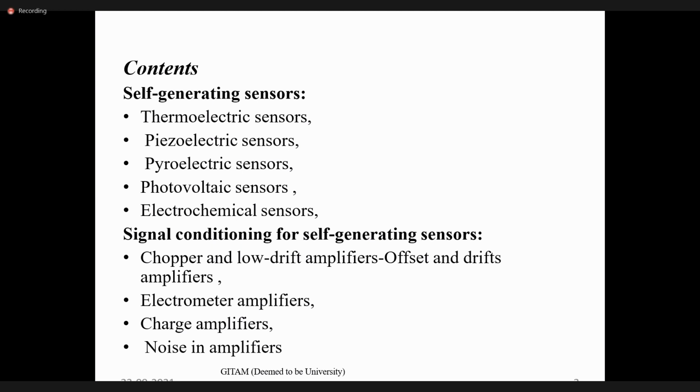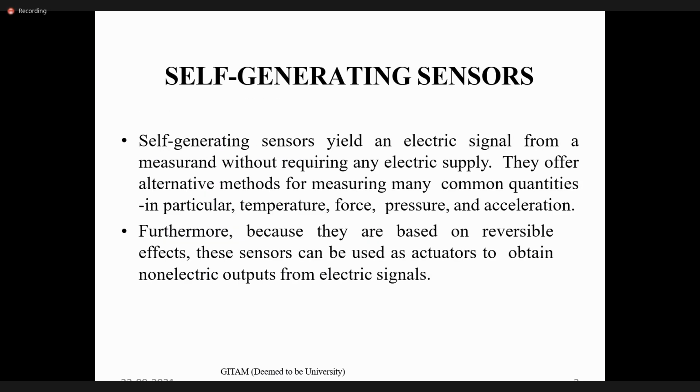And electrochemical sensors means we use chemicals to produce electricity to sense other parameters. Next, signal conditioning for self-generating sensors. After understanding all the sensors, we will see which type of signal conditioning circuits we have to use for these sensors.